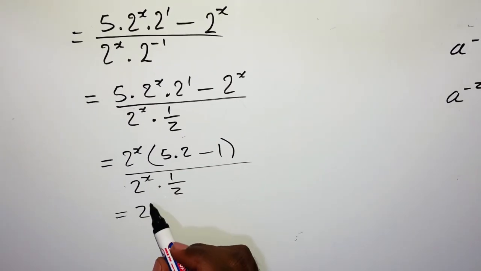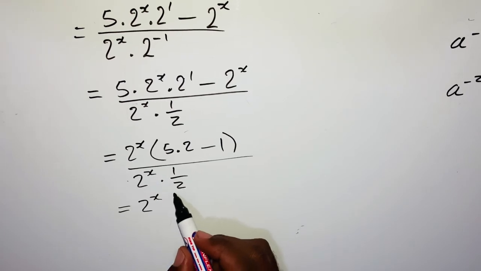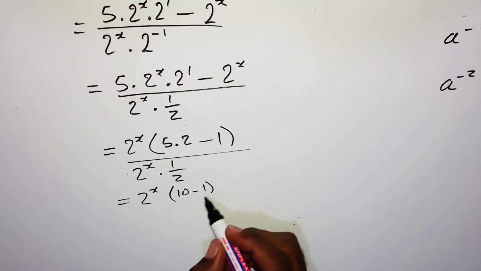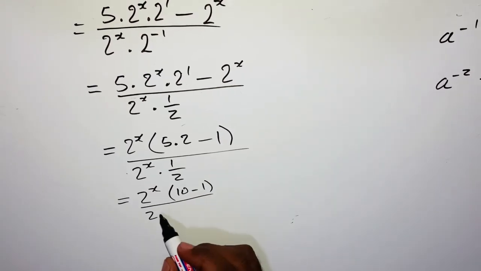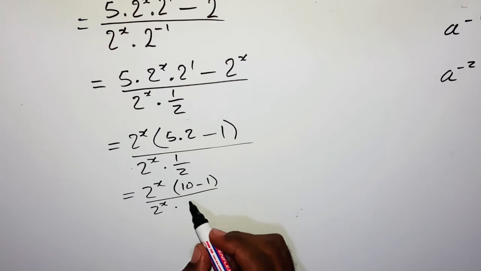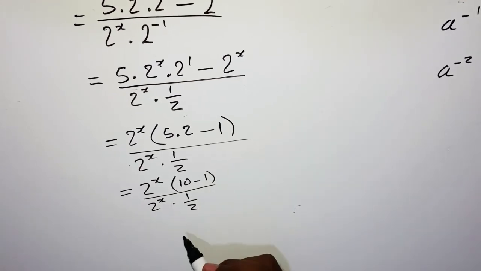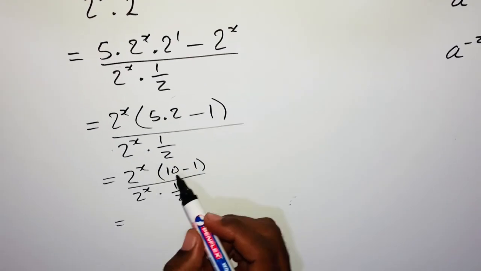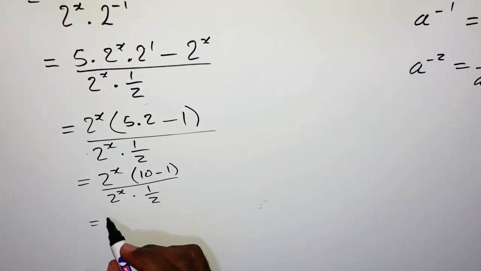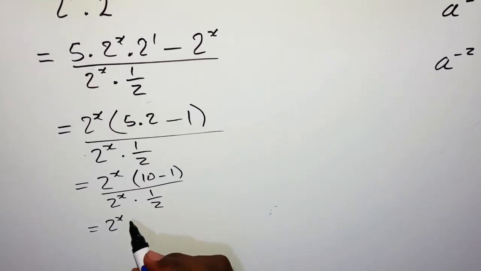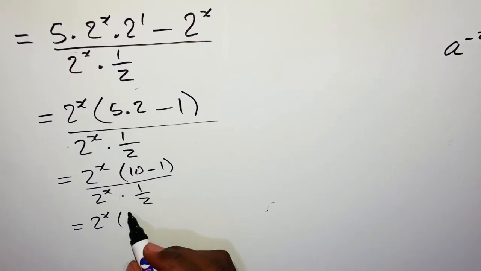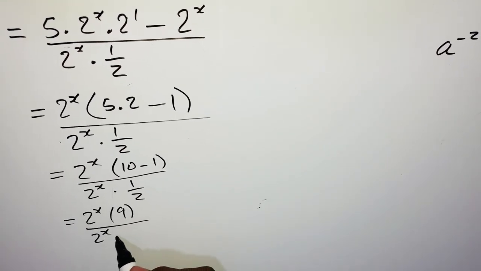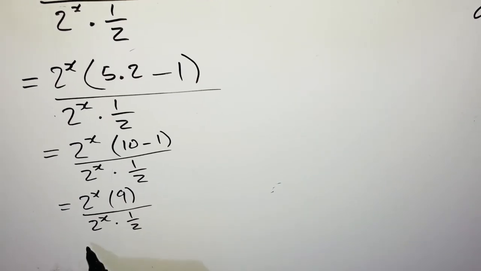We have a 2 to the x. 5 times 2 is 10 minus 1 all over 2 to the x times 1 over 2. We then remain with a 9. So this is 2 to the x, and 10 minus 1 is 9 all over 2 to the x times 1 over 2.